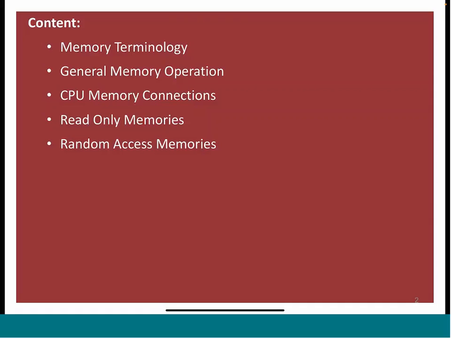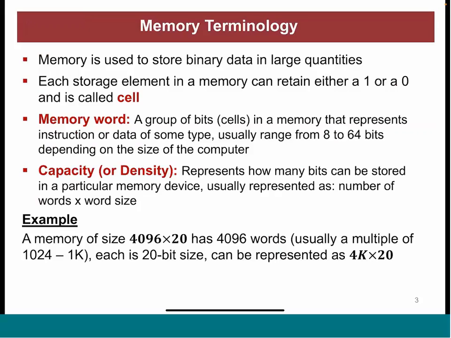Central Processing Unit, processor, or microcontroller, and how it's connected to the CPU. And then we'll talk about the two types of memories, the read-only memory and the random access memory, ROM and RAM, with some examples. Right. So we start with some memory terminology.